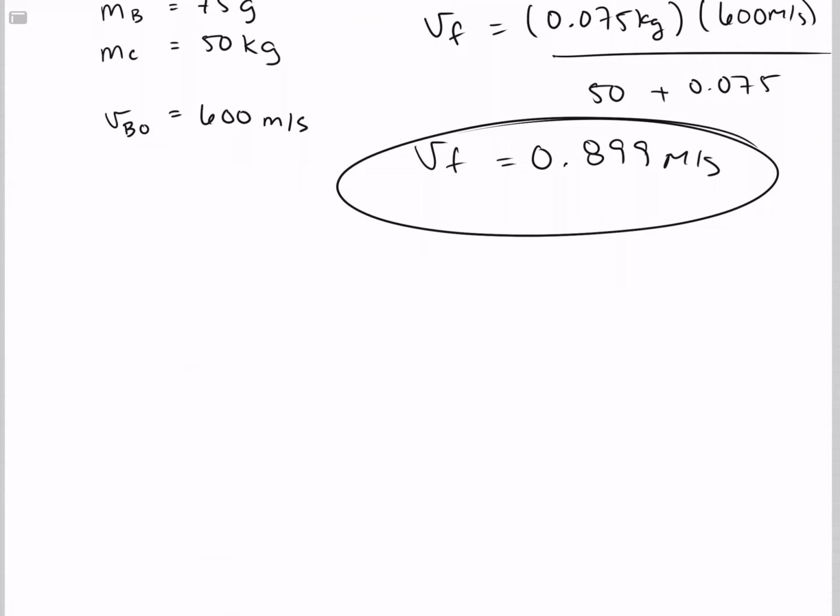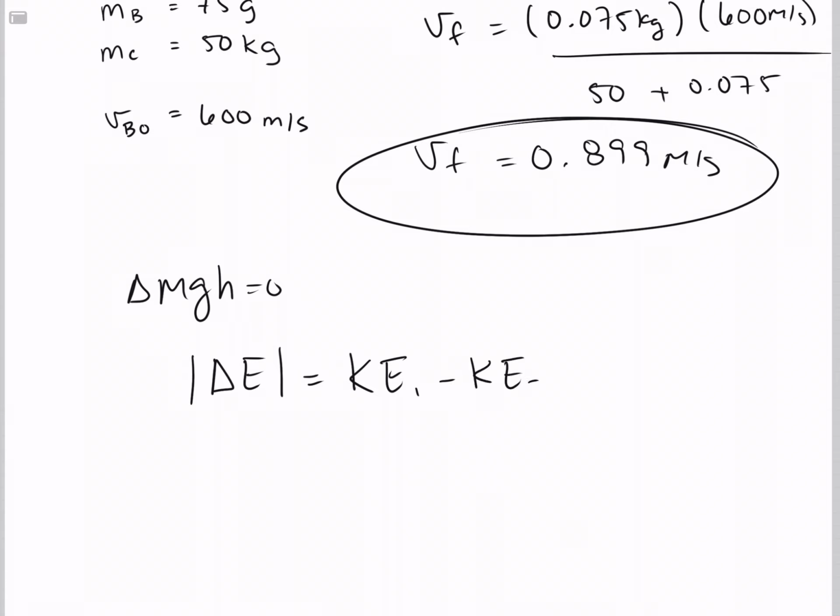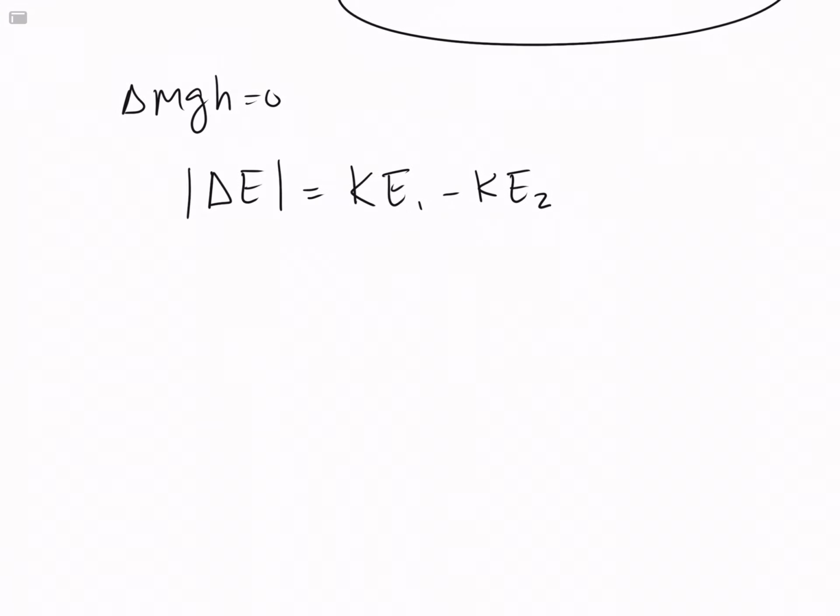There's no movement vertically from the cart's position, so we know that mgh is equal to 0. We're going to find the absolute value of the change, and we're going to use kinetic energy because we have the velocities, 1 minus 2, although it doesn't really matter because we're looking for that magnitude in positive terms.